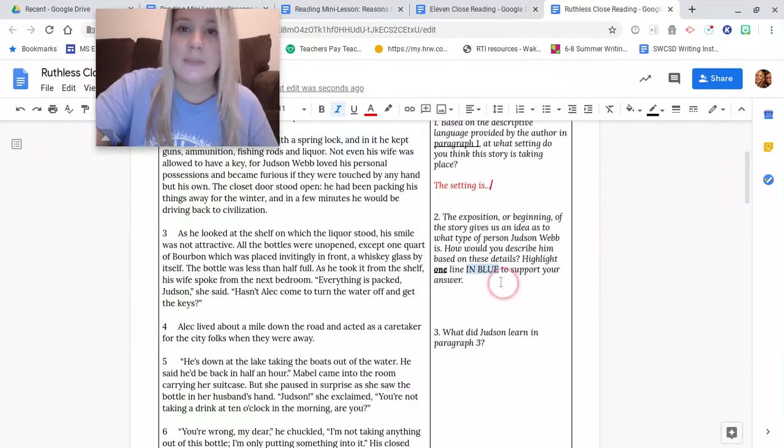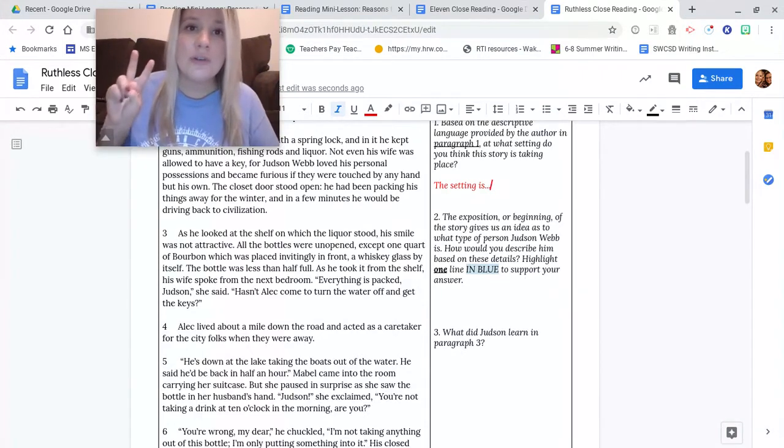In this question number 2, it's asking you to not only answer a question, how would you describe him based on these details, but it's also asking you to highlight one line in blue. This particular question number 2 is asking you to do 2 things. That tends to be what kids miss the most points on, is they don't read close enough to know if they're meeting the expectations of the question that is being asked.